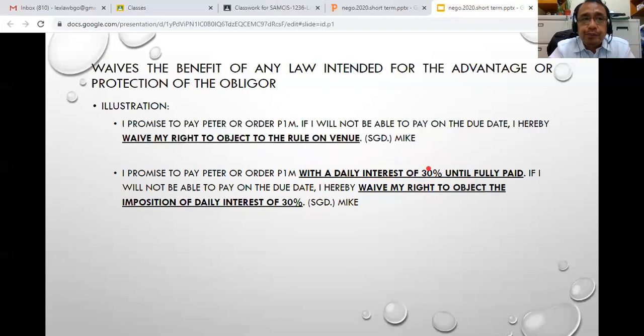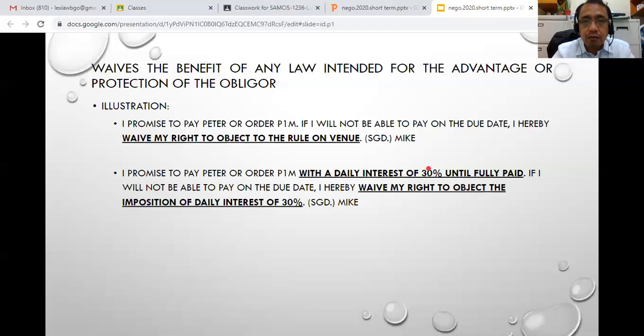While it is true that pursuant to Central Bank Circular number 905, there is no more usury law, so debtor and creditor can now agree on an interest higher than the legal rate of interest, however, pursuant to jurisprudence laid down by the Supreme Court, such as in the case of Medel versus Court of Appeals, the agreement for an interest shall not in any manner be considered as iniquitous, unconscionable, contra bonos mores.